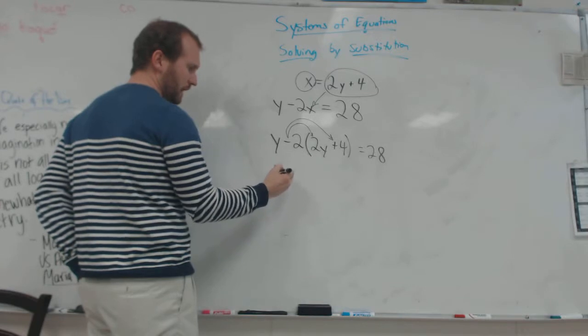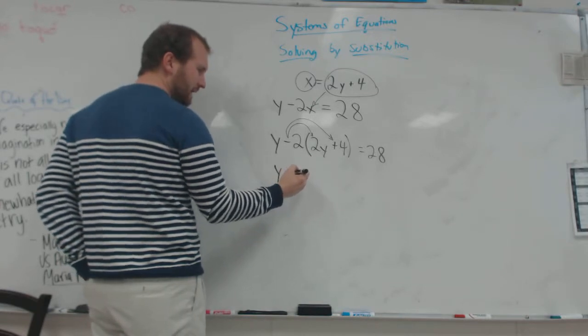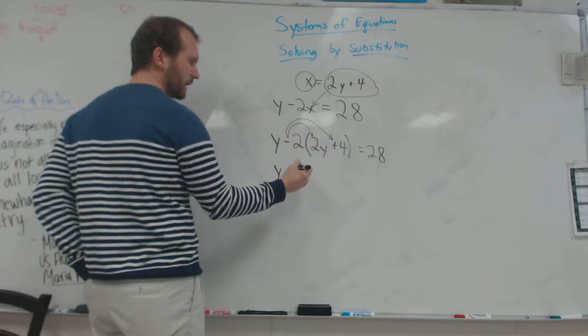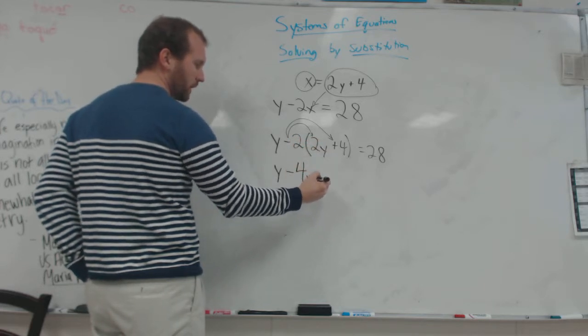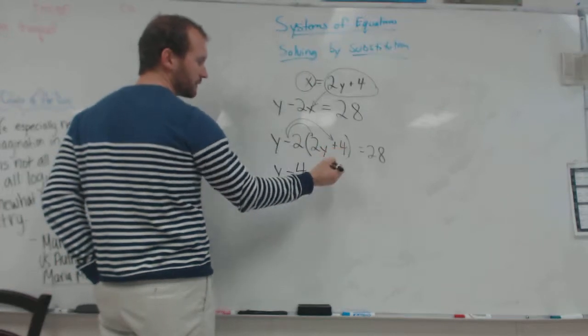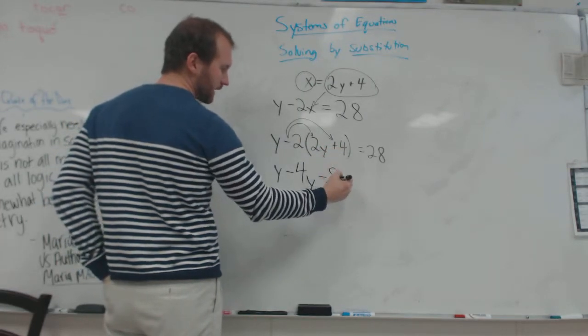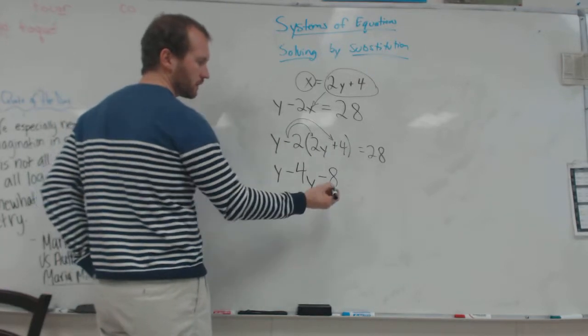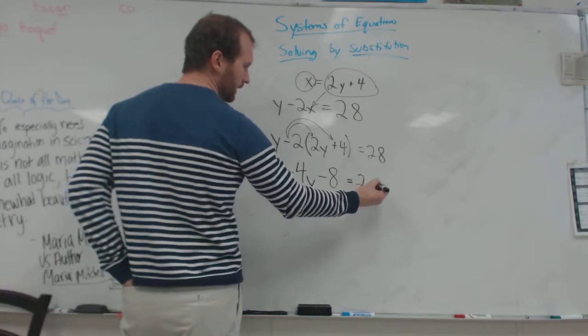So we have y minus, so minus 2 times 2y is minus 4y. And then negative 2 times positive 4 is minus 8 equals 28.